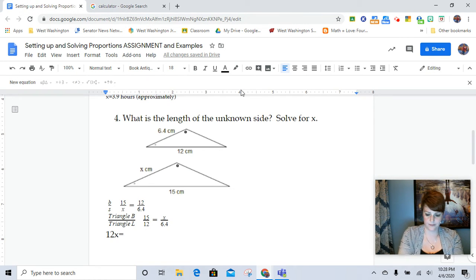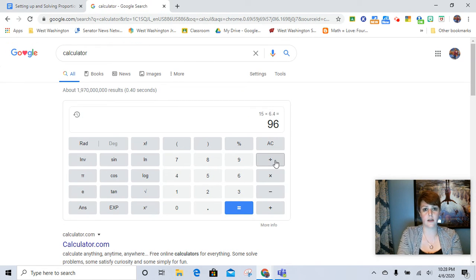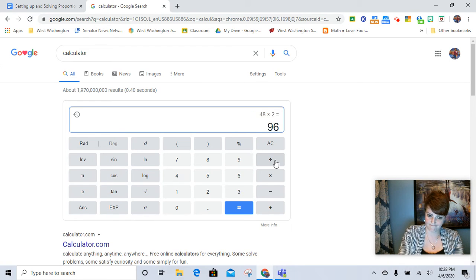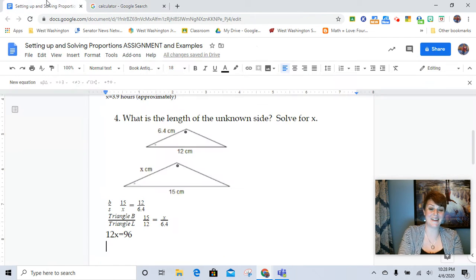There we go. Good. 96. I feel like 96 is one of those perfect 12 numbers, but I'm not going to risk it and look like a fool, so I'm going to check it in the calculator. Yeah, that's 8. So x equals 8. Try not to look like a fool, and there I go, proving that I am one.